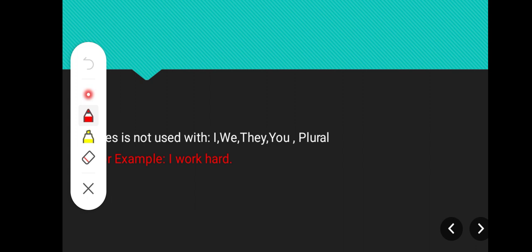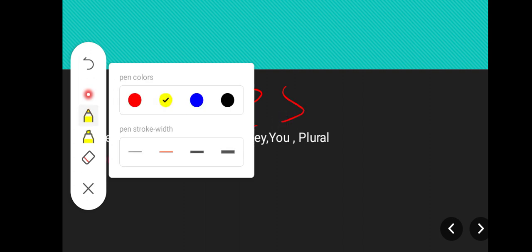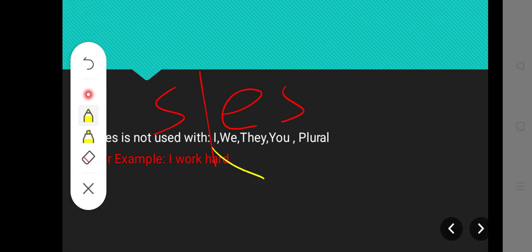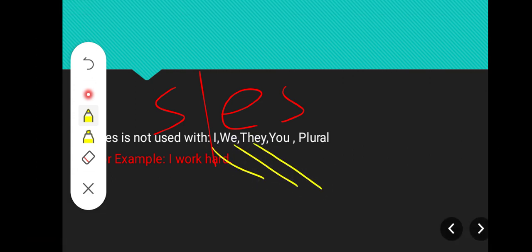Then we have S or ES is not used with I, we, they, you, and plural. We do not use S and ES with I, we, they, you, and with plural.